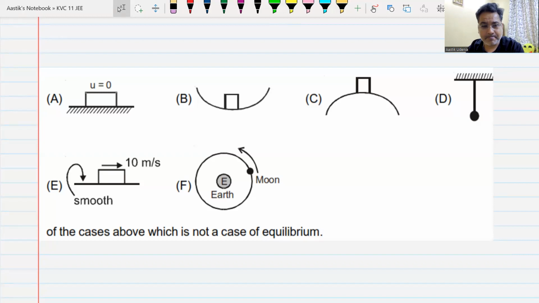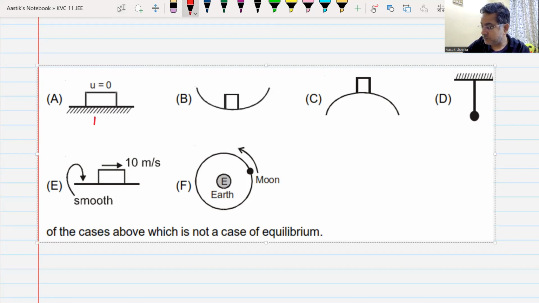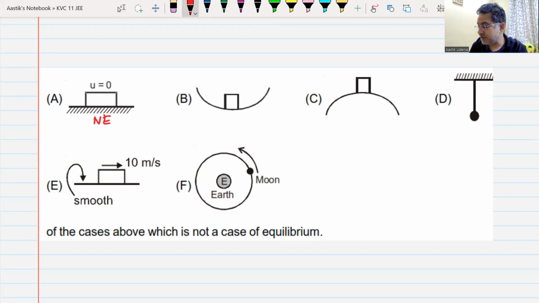Yes, sir. What type of equilibrium? Neutral equilibrium. Case number B. Stable equilibrium, sir.